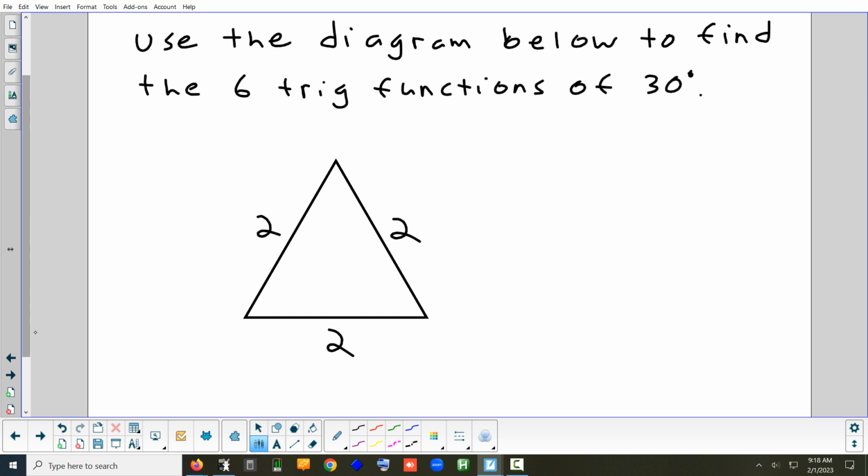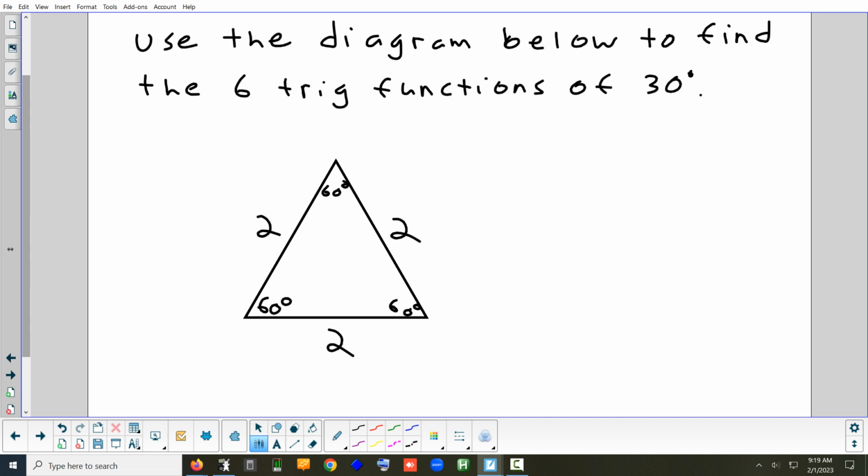What is each angle in an equilateral triangle? 60. These are all 60, 60, 60. Can somebody think of something I can do to that triangle that would turn it into a 30, 60, 90?